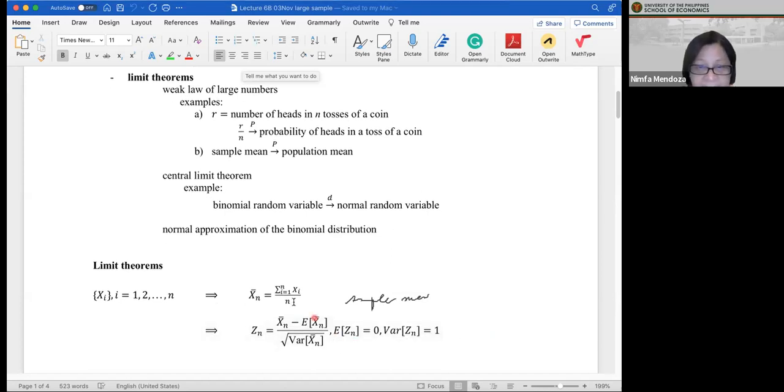Now let's form another random variable, C sub n, from X bar sub n. Let C sub n be X bar sub n minus its mean, divided by the square root of the variance.